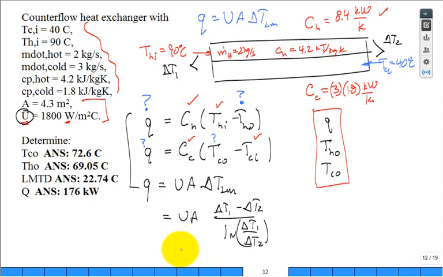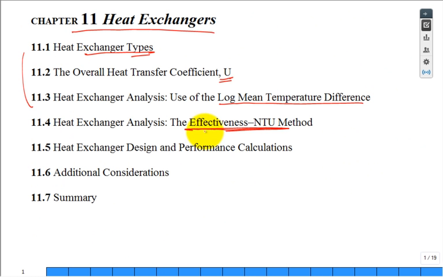Can you combine the first two, set them equal to each other, and then just sort it so that you have THI minus TCO on one side? There are some people who did like you did, and that's called the effectiveness NTU method. That's going to be a real derivation when we derive that, just a little bit of work, like deriving the log mean temperature difference.